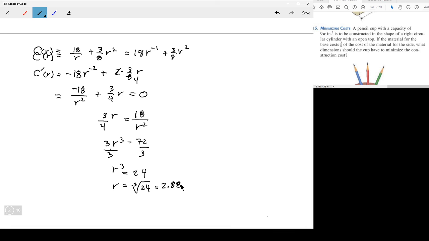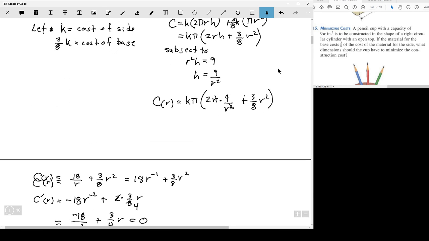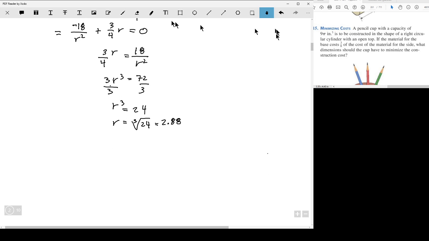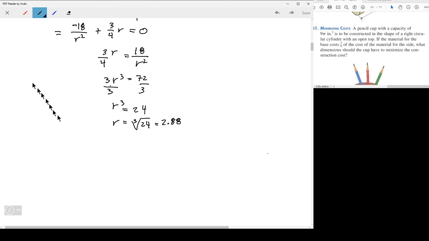Now remember, we were looking for the dimensions. All right, so the height, I got to go back up here for a second. Hang on. The height was 9 over R squared. Okay, so the height is 9 over R squared.